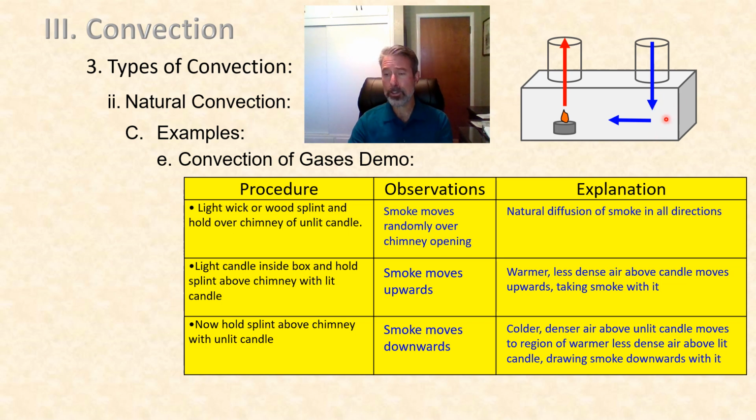This causes the diffusion of the air particles and smoke particles from the colder region to the warmer region. So you can see here that we get the rising of the smoke and air due to the convection and the subsequent falling and horizontal movement of the air due to the advection, creating these circular convection currents.